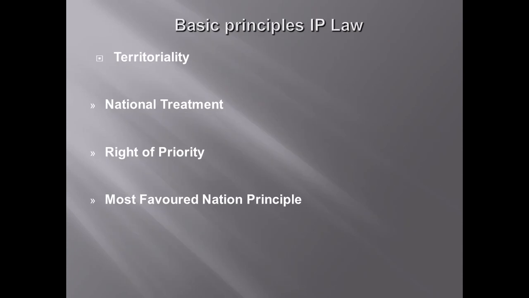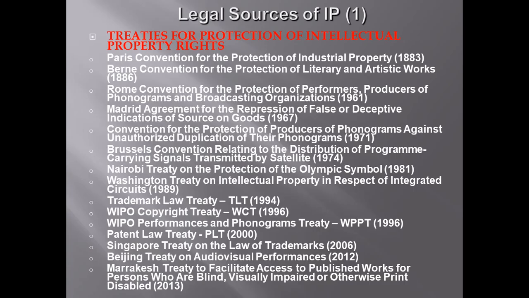So where do these principles come from? These IP principles are defined by, or come from, the various international IP agreements that are in place. This is a list of the IP agreements that are there. We expect you just to familiarize yourself with these various IP agreements. I think we'll touch base on them as we look at the various IP tenets independently.